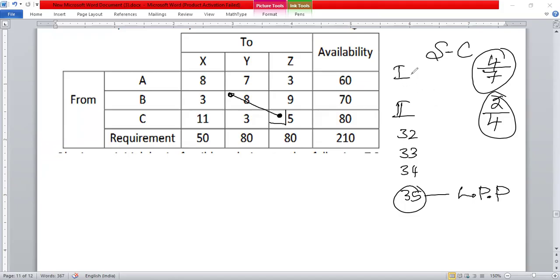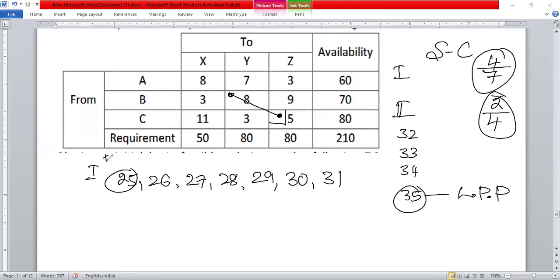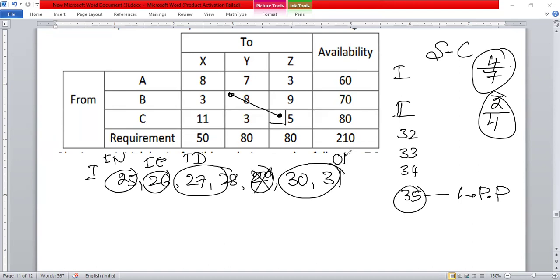And here, section C post main: 25th, 26th, 27th, 28th, 29th, 30th and 31st questions. These are index numbers, interpolation and extrapolation, theoretical distribution, inference, and these two are OR.